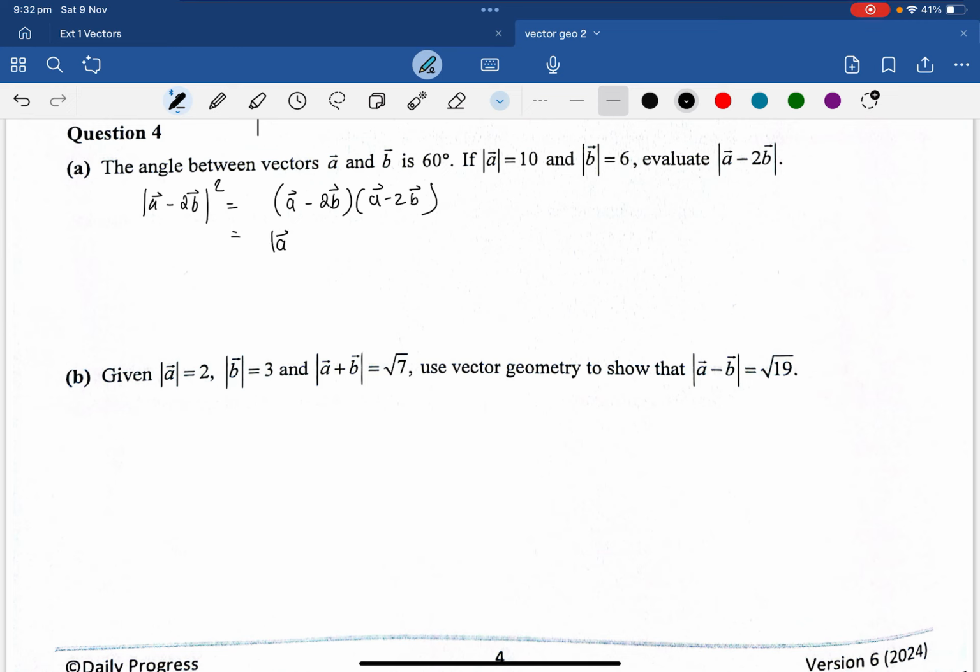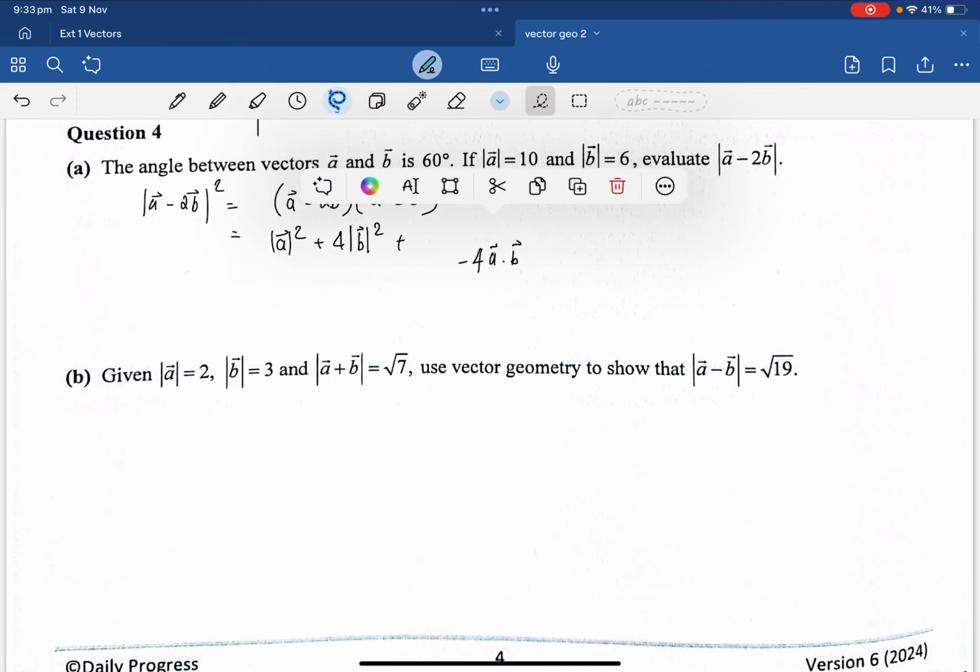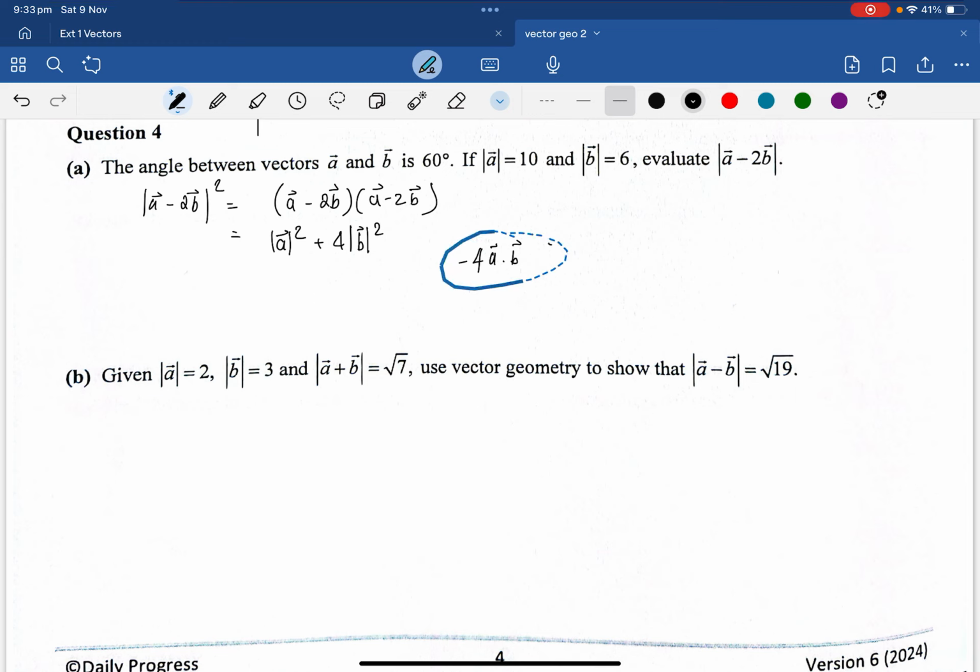So this is just the magnitude of vector a squared plus 4 times the magnitude of vector b squared, minus 4 a dot b. Easy peasy. Yeah, this is what we want.